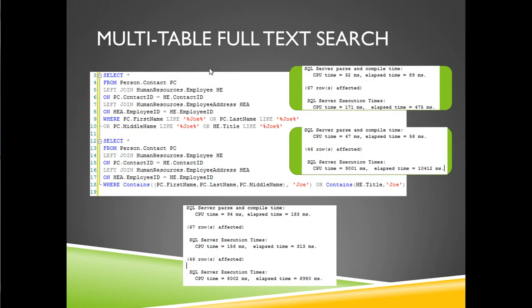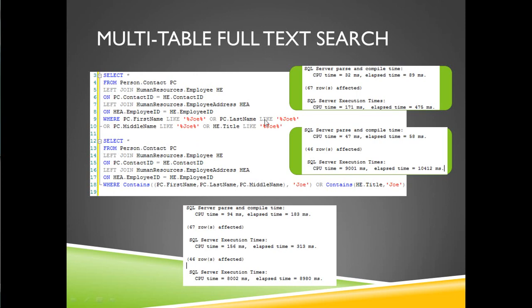However, when I used it on multiple tables, this is what happened. When I used the like, which is shown at the top, versus the contains, which is shown at the bottom, here I'm joining on multiple tables. So I'm joining HumanResources.Employee to HumanResources.EmployeeAddress. And then I'm performing the search on multiple tables.